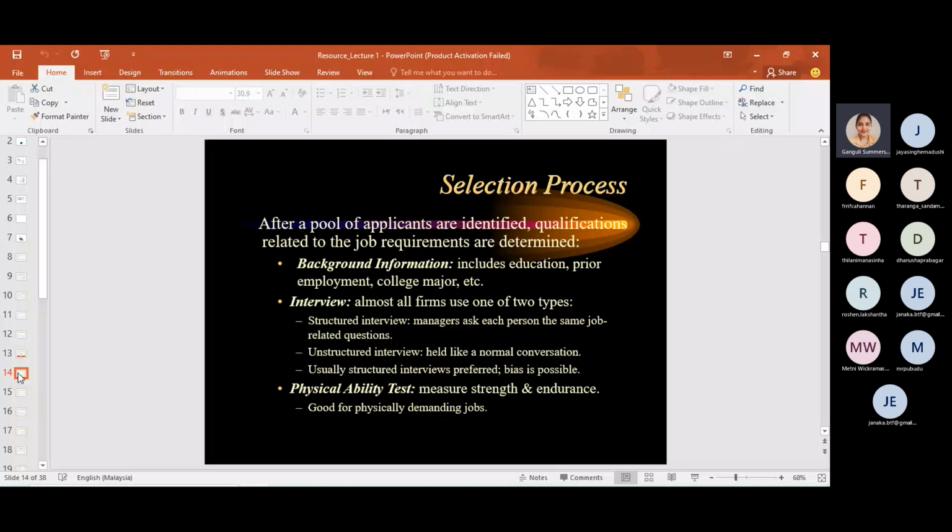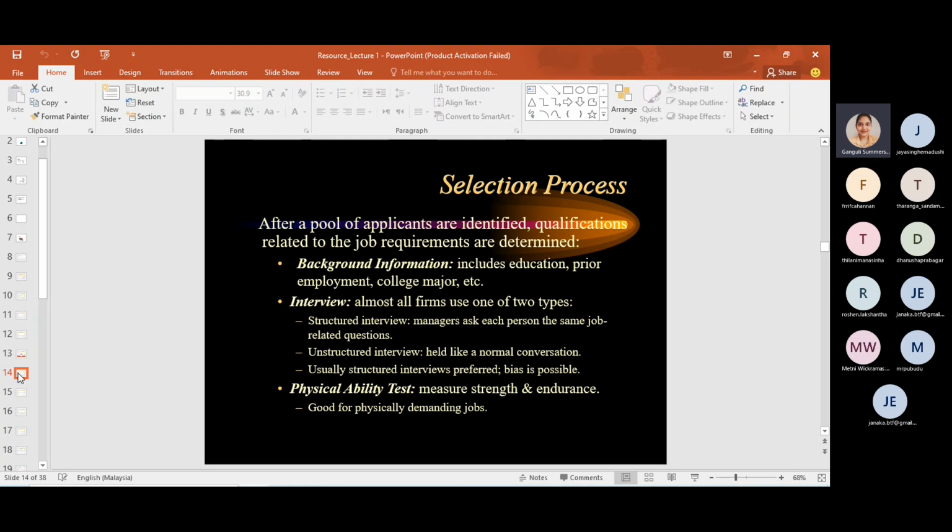And then another selection tool is physical ability tests. For some jobs, you need a certain amount of physical fitness, a certain amount of physical abilities.